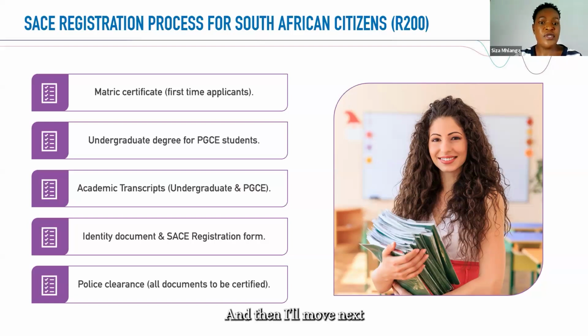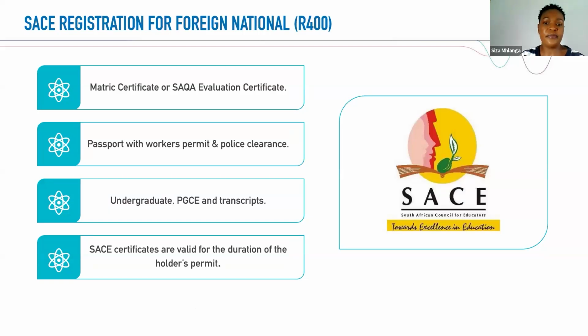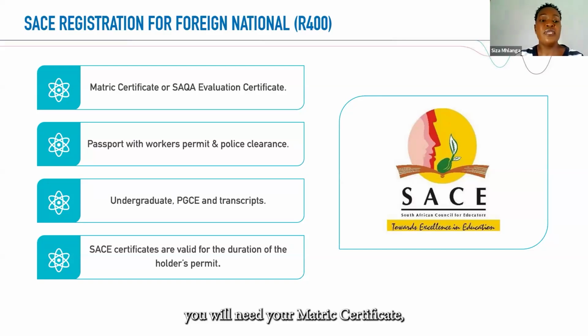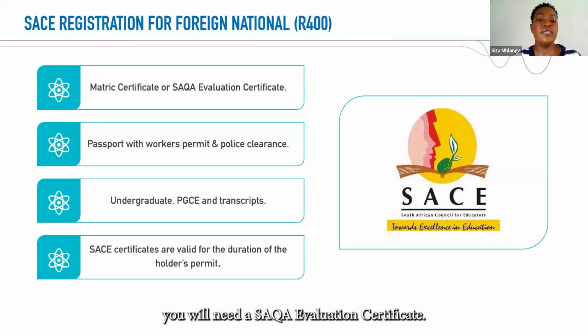And then I'll move next to the registration for foreign nationals. If you're a foreign national working in South Africa, you will need your matric certificate if you studied in South Africa. And if you studied in your country of origin, you will need a SACA evaluation certificate.